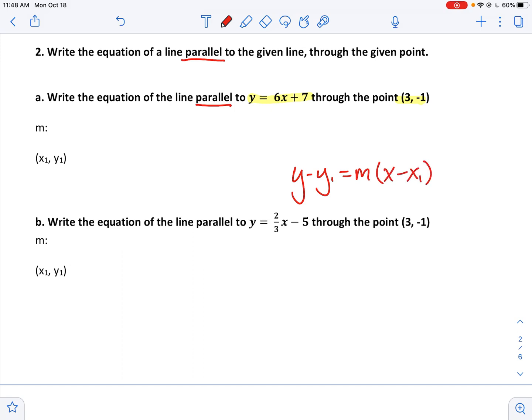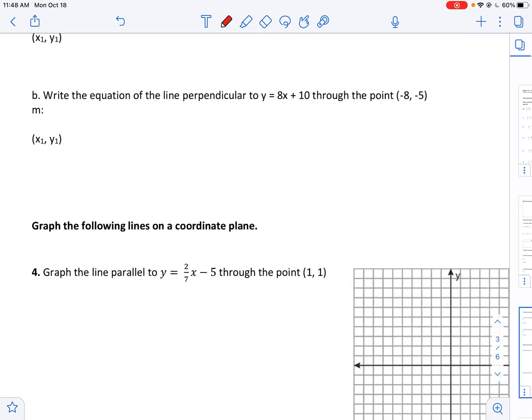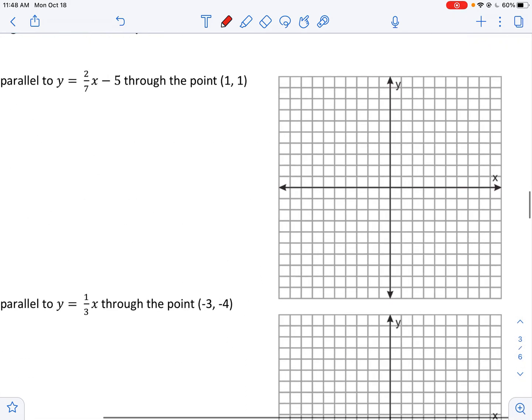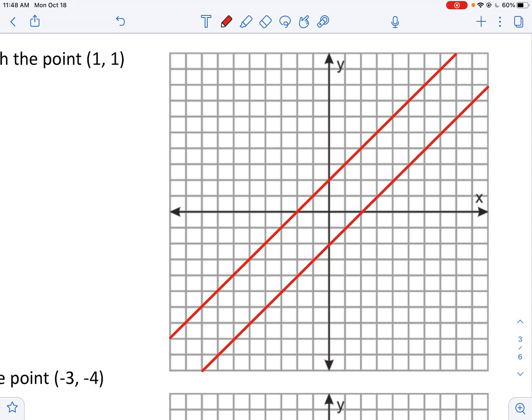And there's the point-slope form. My m, my slope, is going to be parallel to this slope. And what do I know about parallel lines? Well, parallel lines look a little bit like railroad tracks, right?